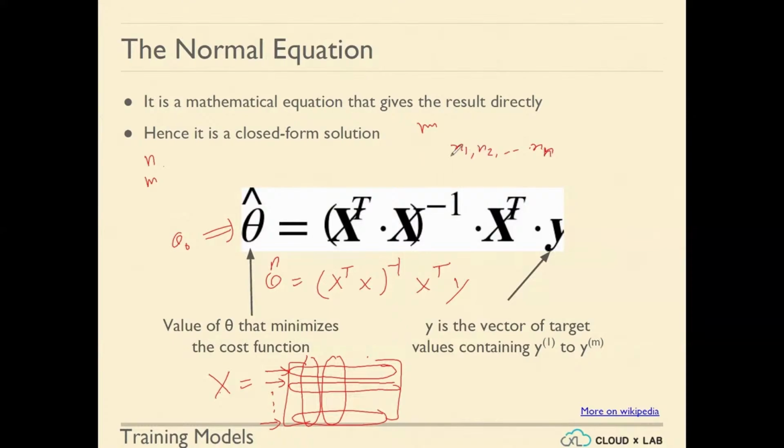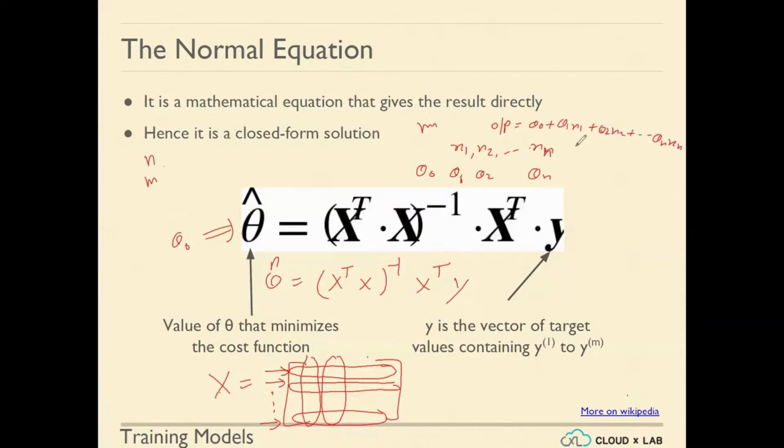If we are learning a linear model, what will be my unknown values? Theta 0, theta 1, theta 2, up to theta n, right? And the model output will be theta 0 plus theta 1 x1 plus theta 2 x2, and so on, up to theta n xn, right?